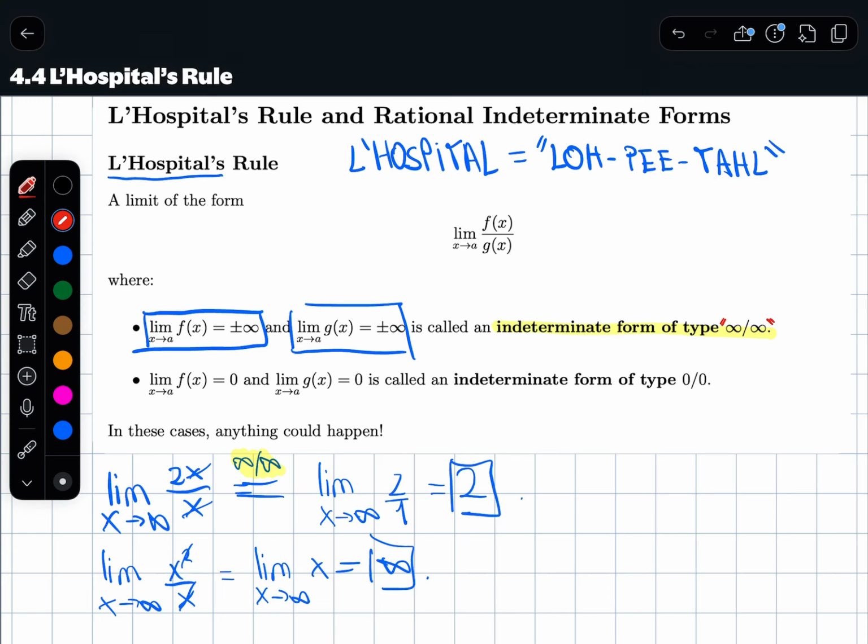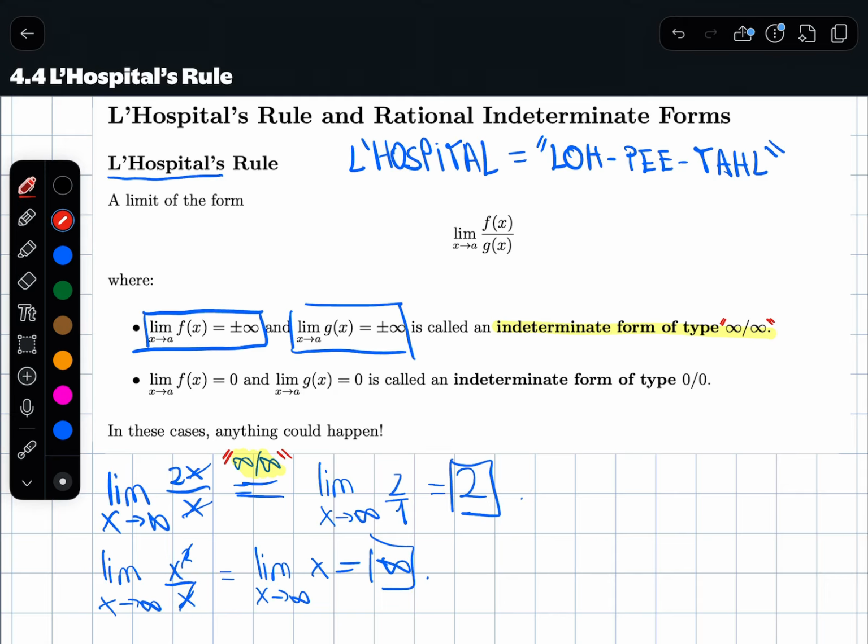Most of the time, if I write indeterminate form of type infinity over infinity, I'm okay not putting the quotations. But when I do not write all of this and just put the infinity over infinity, I'll most of the time put the quotations in there. So in here, I would likely put them. But on the top, I'm okay with you not writing the infinity over infinity.